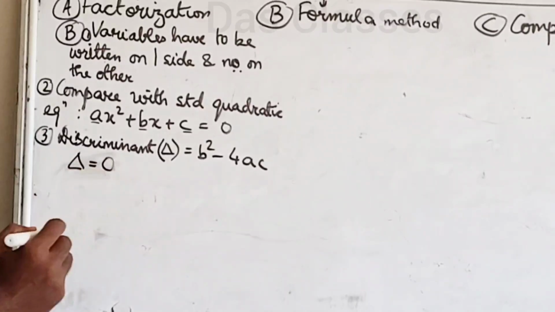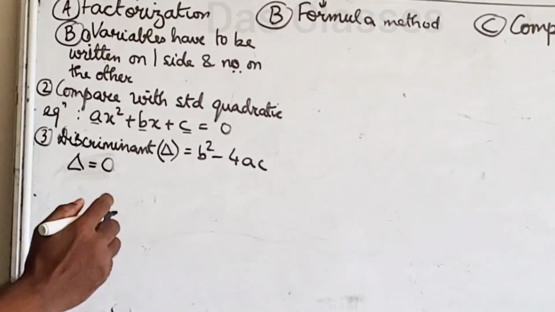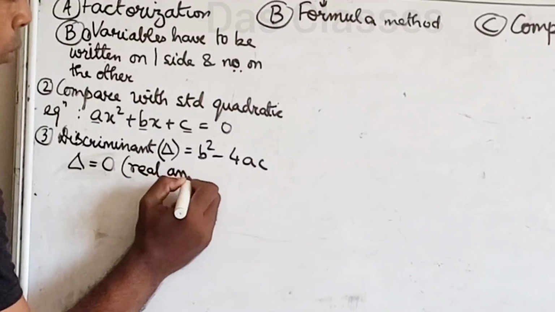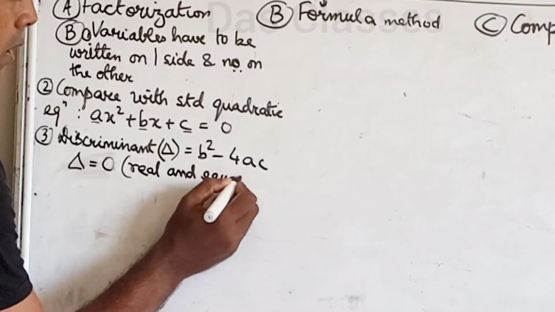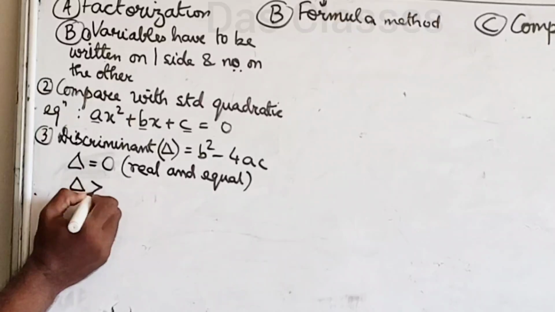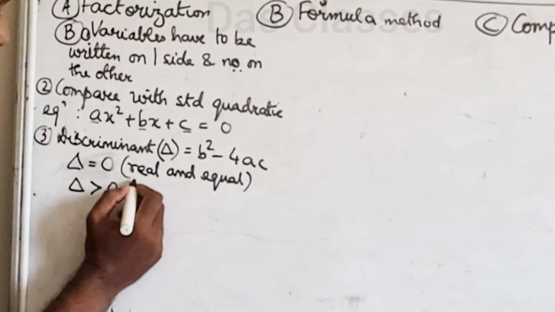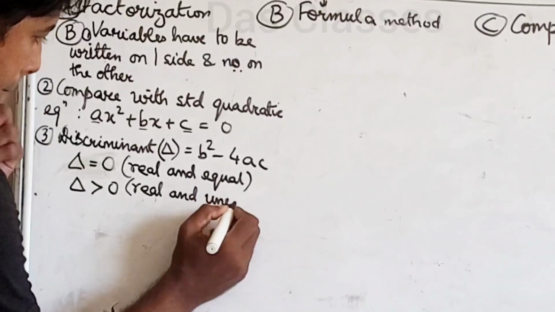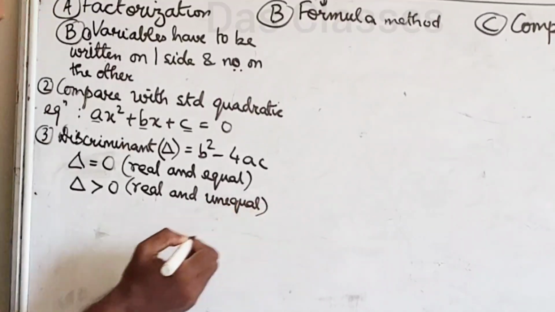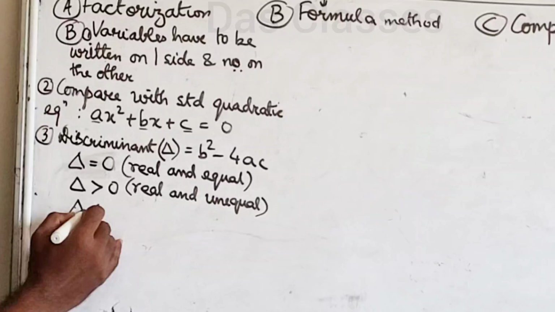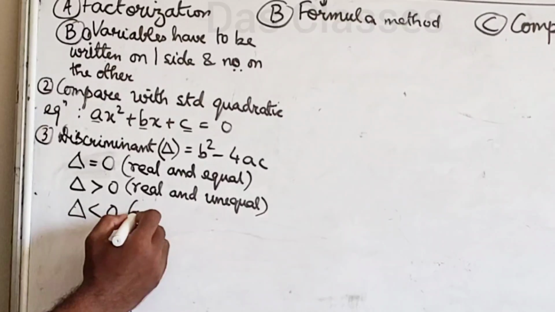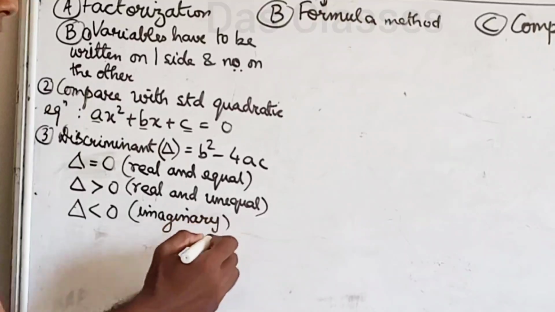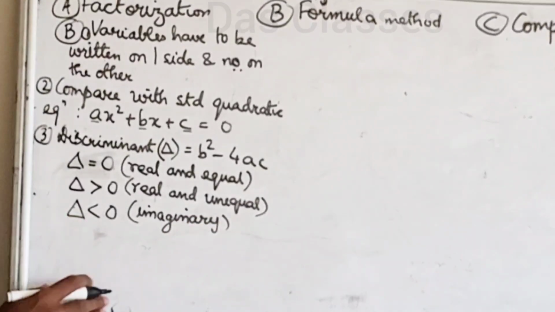If the discriminant is equal to 0, then the roots will be real and equal. If the value of the discriminant is greater than 0, then the roots will be real and unequal. And if the discriminant is less than 0, then the roots are imaginary or not real. This is additional information that I'm sharing with you.